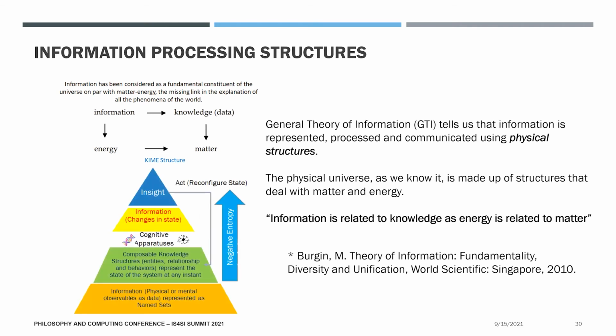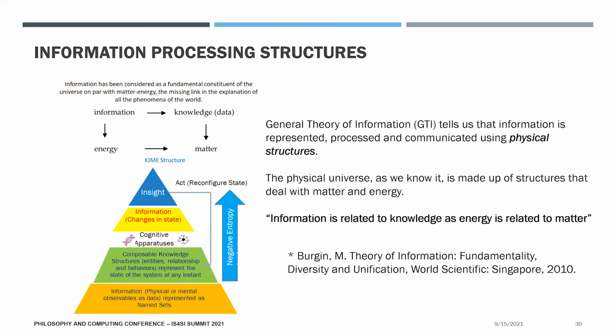And so what we have here is that information comes in, and that is an observation or a mentally conceived information, but that has to be converted into knowledge. And that knowledge is where we will use the theory of structures to represent it in terms of graphs, entities, relations, relationships between relationships, and behaviors.